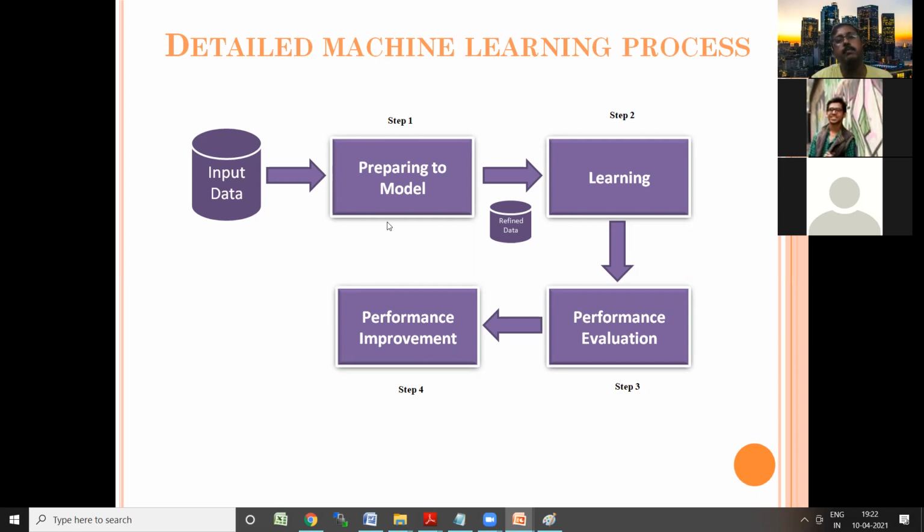We have certain pre-processing steps, like we need to understand the data, whether there are quality issues in the data. For example, in certain cases we see that certain values are missing. That's a problem when we go for modeling. Or in certain cases, for certain instances there are abnormal values for certain attributes.